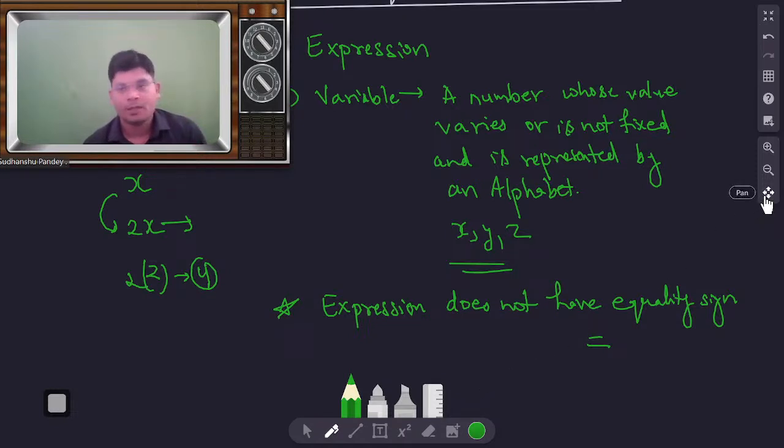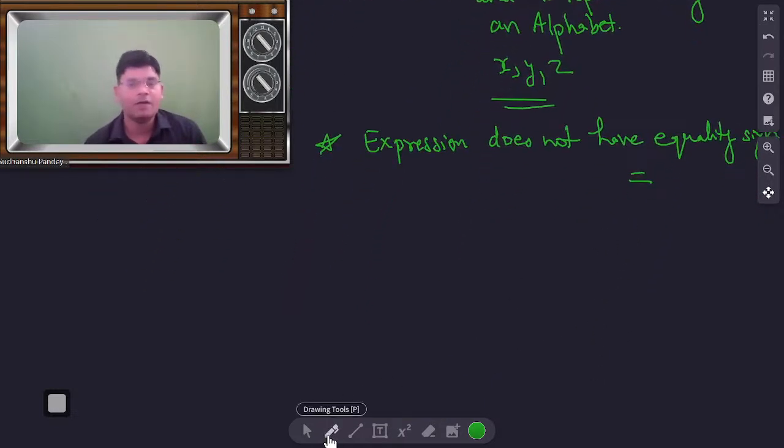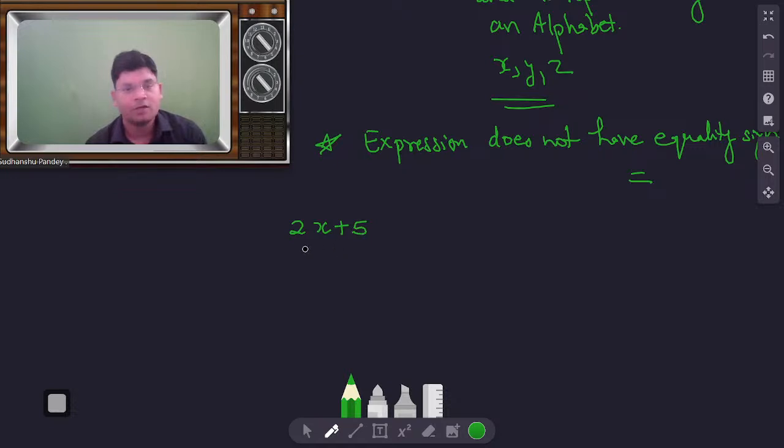Okay. Suppose I'm giving another example of an expression. I can write 2x plus 5. This is an expression. Expression means I am doing an operation on a variable. What am I doing? I am multiplying the variable by 2 and then adding 5 to the product.